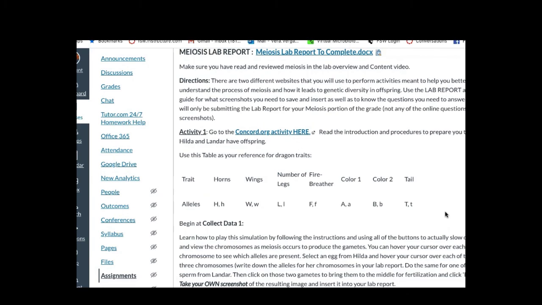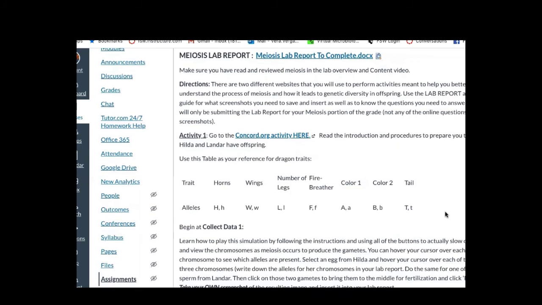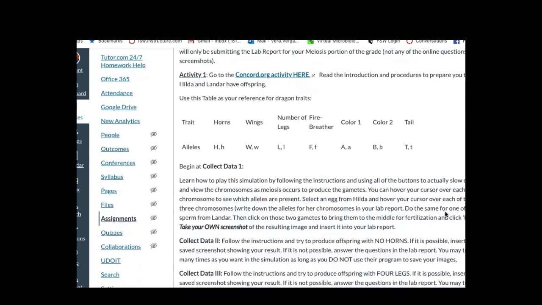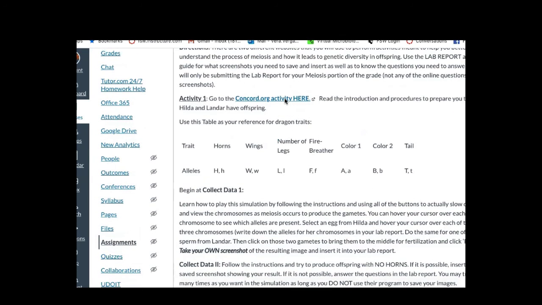So it's actually a really cool little simulation, because what you're going to do, let's just run through one quickly together. Hopefully it will work and you can see what you'll do. But everyone's will be unique. And then you'll be making babies and then filling out what your offspring look like.